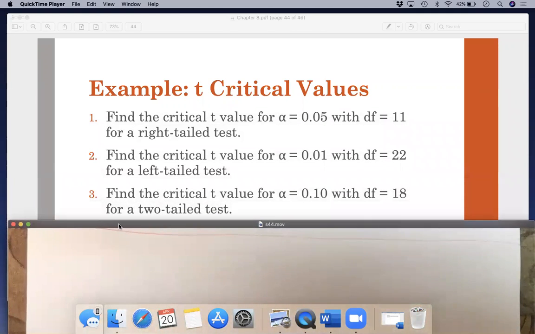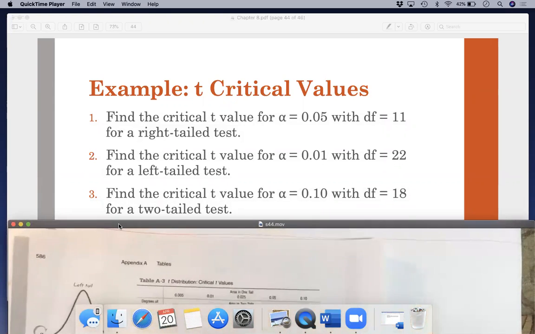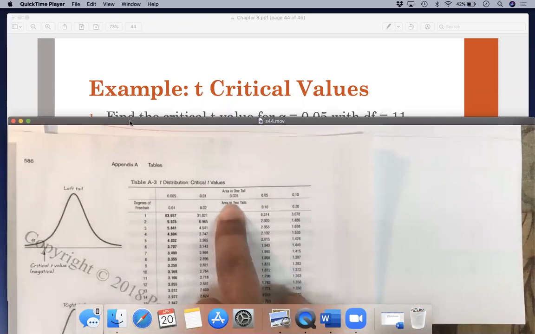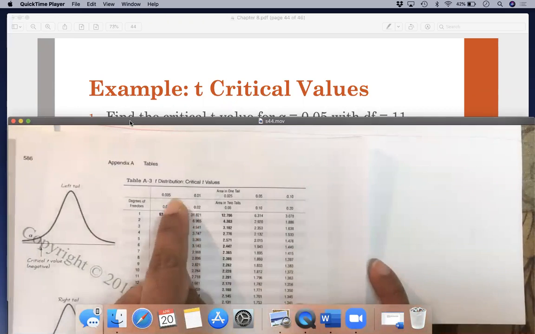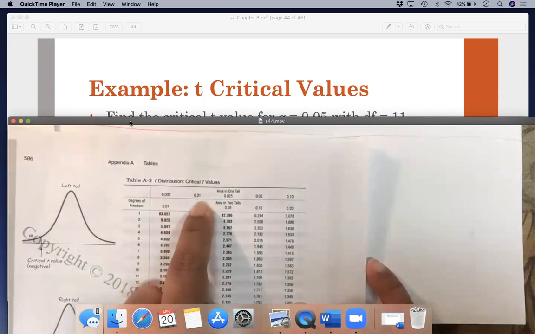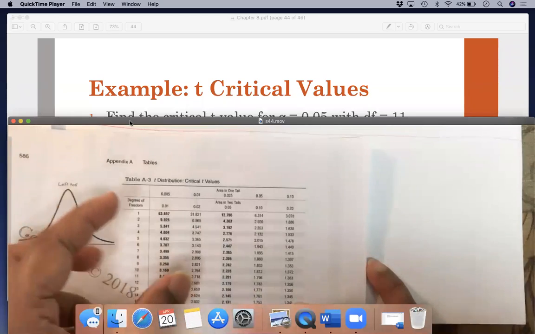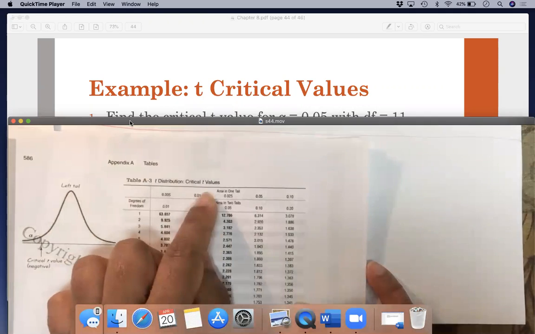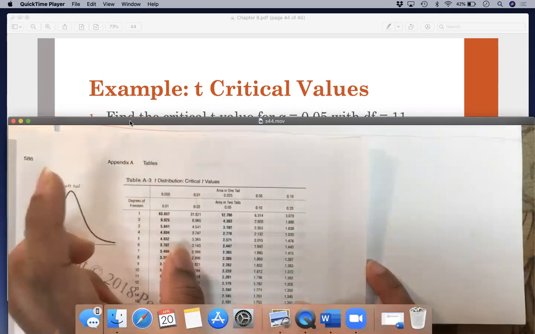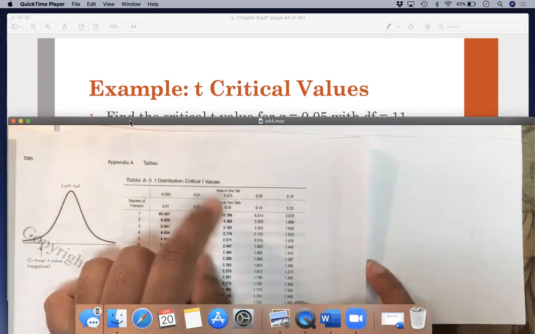I told you it's good to use only the second row in the t-distribution table. If you want, you can use the first row also, if you know the alpha. But in this chapter, definitely you have to use either the first or the second row according to your test. If you have a right tail test or left tail test, you have to use the first row. If you have a two-tail test, you have to use the second row.